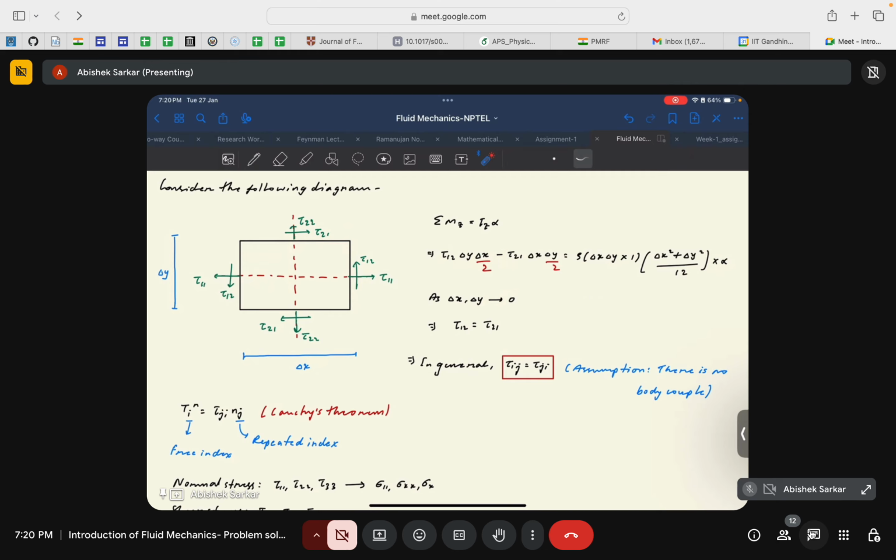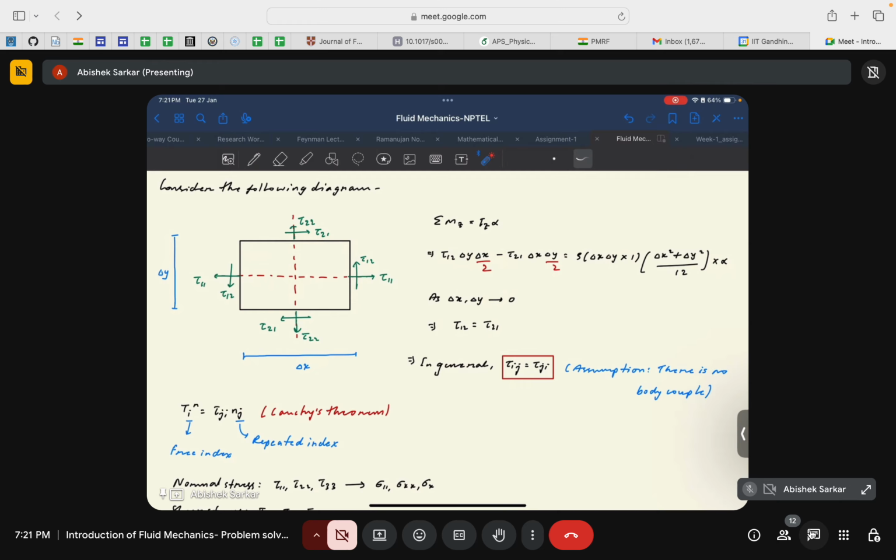But again, this derivation is valid only where there is no body couple, right? There are no additional moments that act on the surface. Given that, this derivation is satisfied, and in most cases, in the absence of any body couples, which is the most general scenario, the stress tensor is basically symmetric.